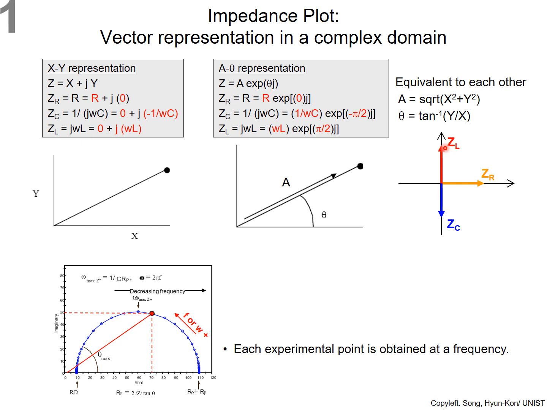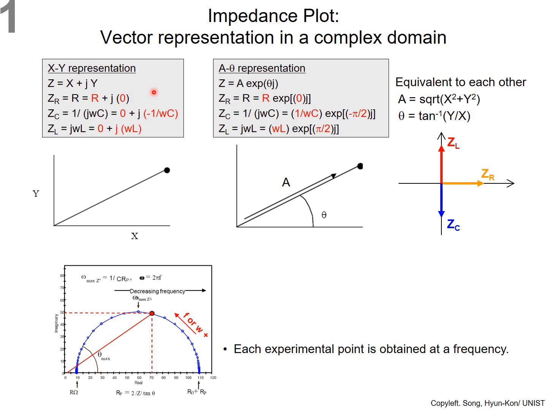So we have a total of three basis vectors to describe any plot on the Cartesian coordinate. Usually in electrochemistry, we use the resistance vector and capacitance vector, not the inductance vector. Okay, this is the impedance in terms of XY representation.